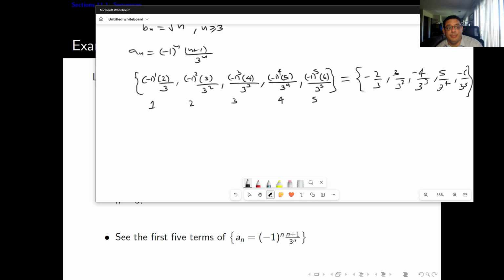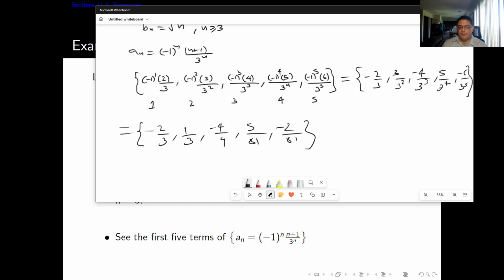It will get complicated going from these numbers backwards, especially if you actually have the simplified numbers. So minus 2/3, and then because I can cancel out this 3, this will be 1/3, and then over here I get minus 4 over 9, and here I get 5 over 81, and here essentially I'm going to get minus 2 over 81.